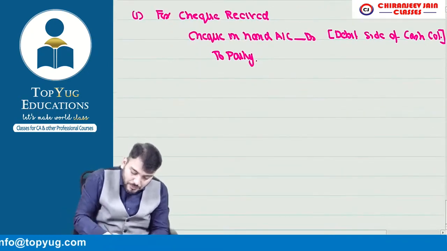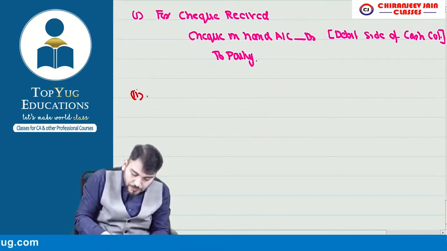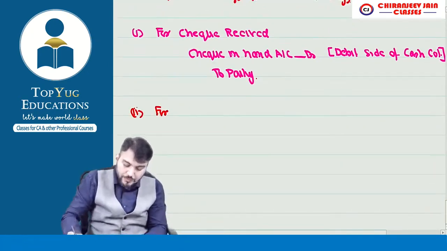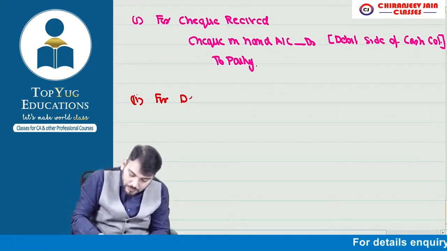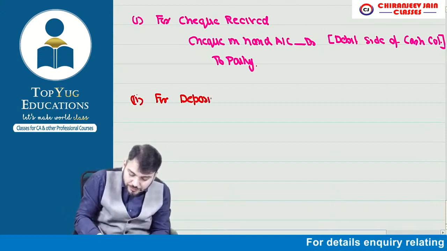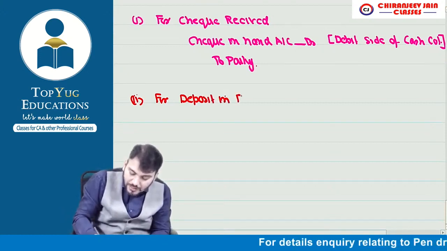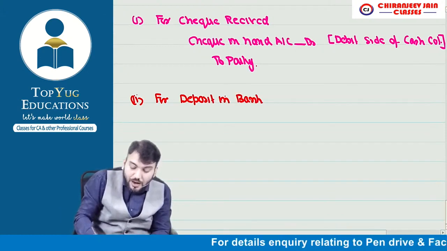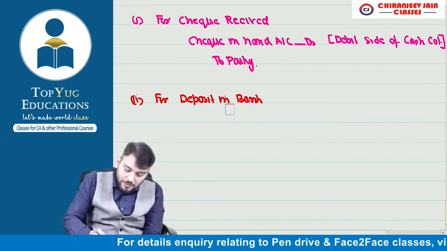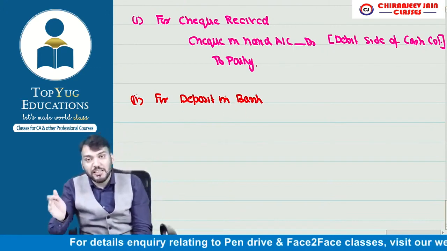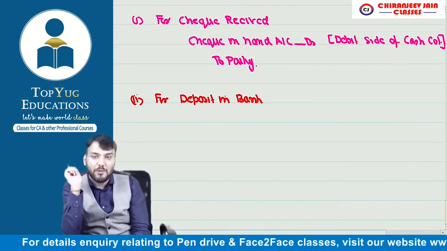Then point number 2, for deposit in bank. Now after some days it was deposited into bank. For deposit in bank, what journal entry will pass now?